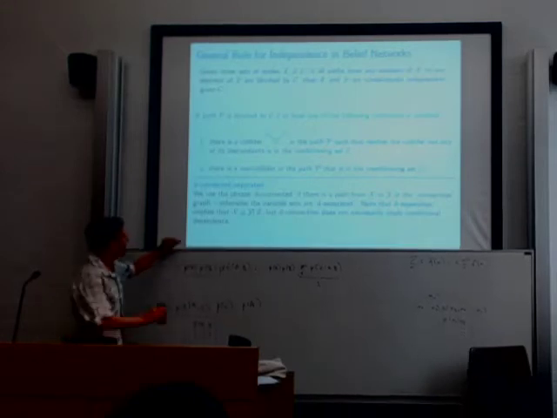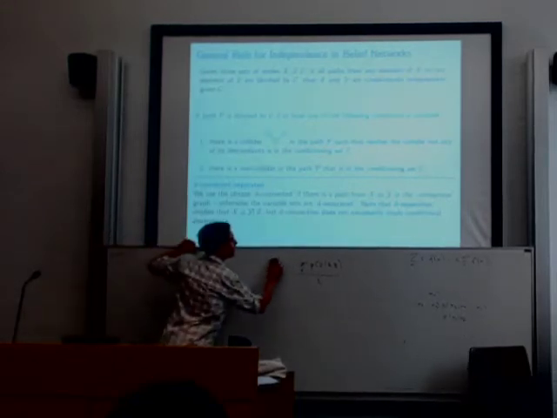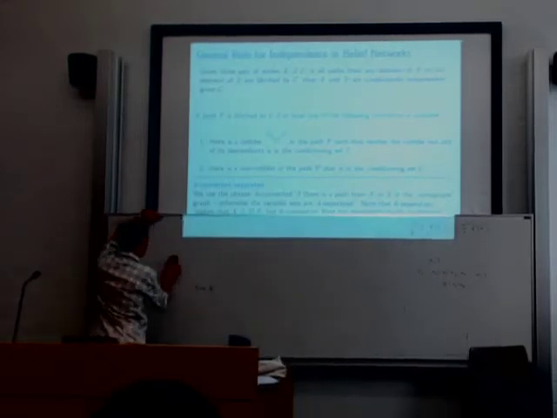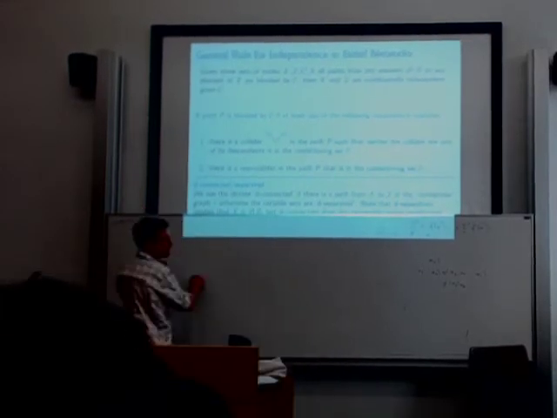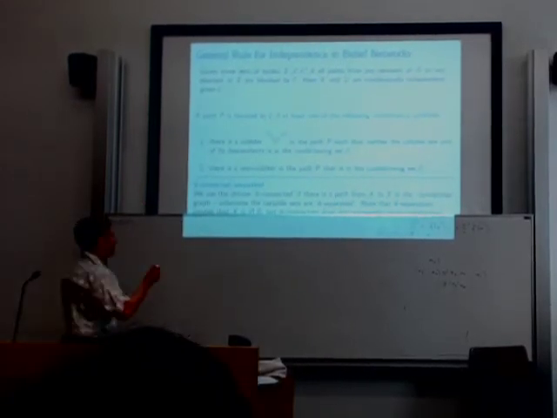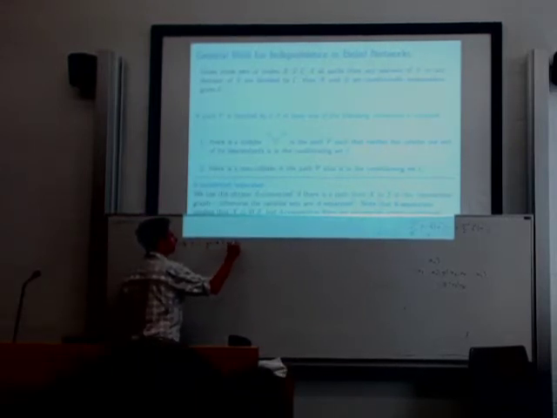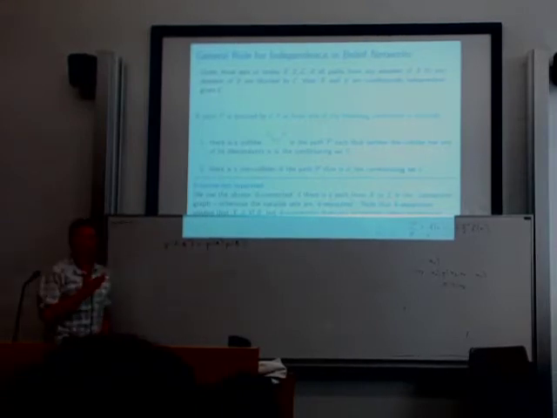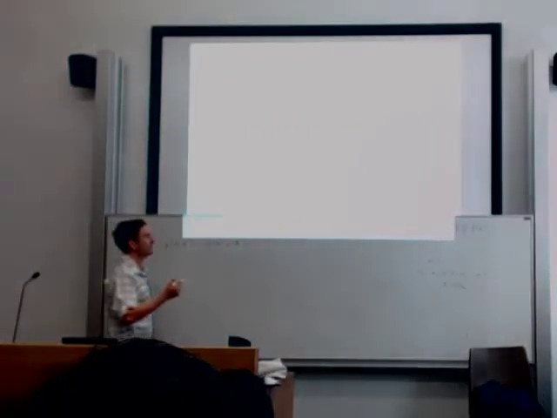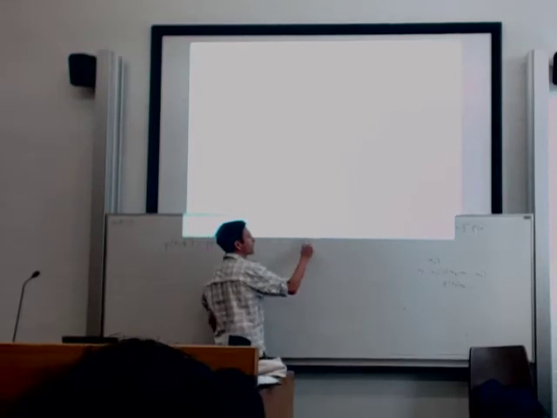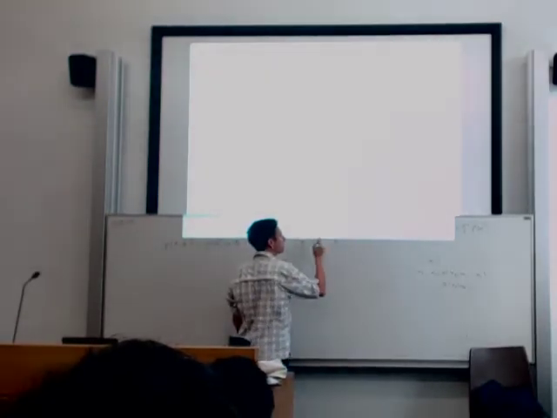Let's think about a trivial example. Here's a distribution. A and B, what would it look like in terms of a diagram? It would look like this. So they are d-separated.